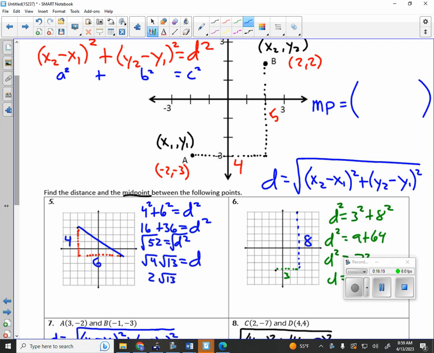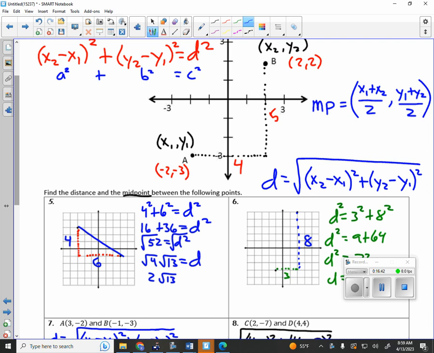How do we find average? You add up everything and divide by the number, right? So we're going to add up the x values, x1 plus x2, and we divide it by 2. And then to find the average of the y values, we do y1 plus y2, and we divide that by 2.